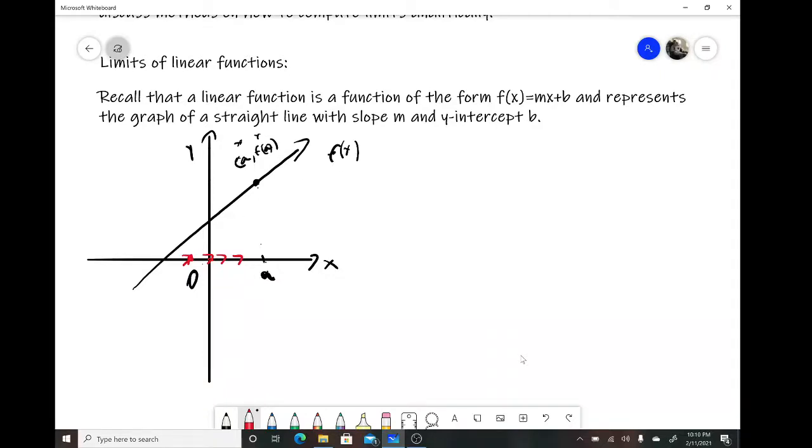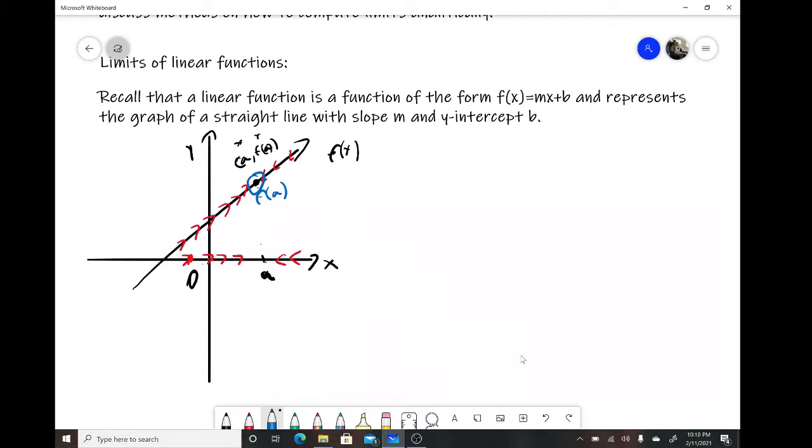If we plug them in, we see the output values traveling along the line. And we can notice that as we get closer and closer to a from the left and the right side, the y values are approaching this number right here, which in this case is f of a.